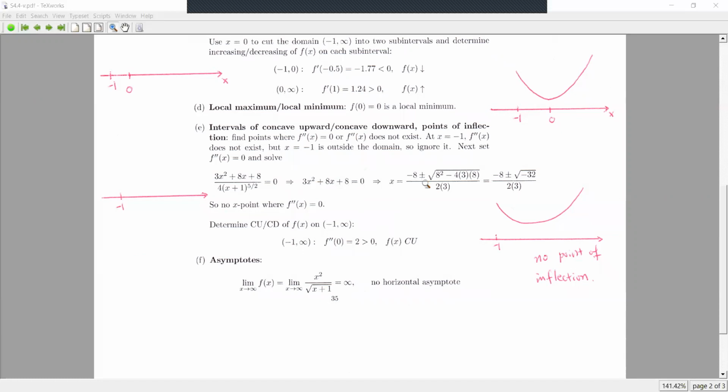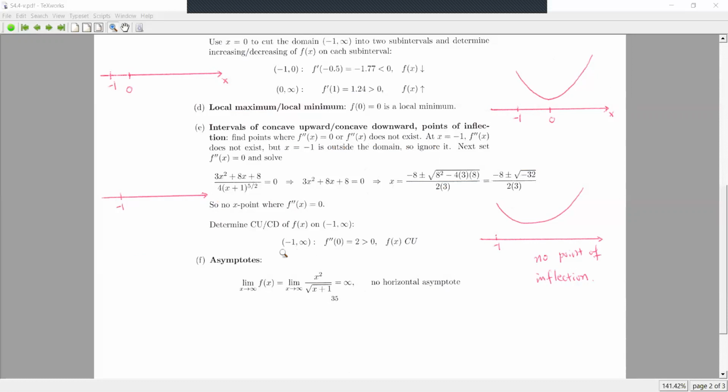Negative b plus minus the square root of b squared minus 4ac, then over 2a. Then I get this number. The square root of a negative number is a complex number. In calculus 1, actually, cal 1 to cal 3, we only consider real numbers. So that means no x where the second derivative is 0. So no point I can use to cut the domain, so only one interval.